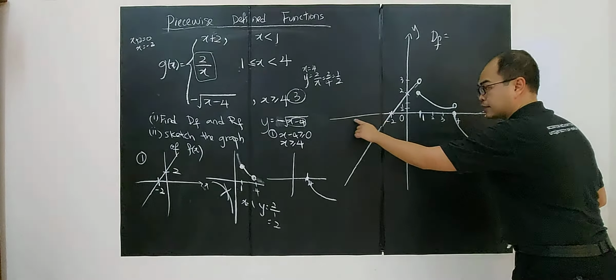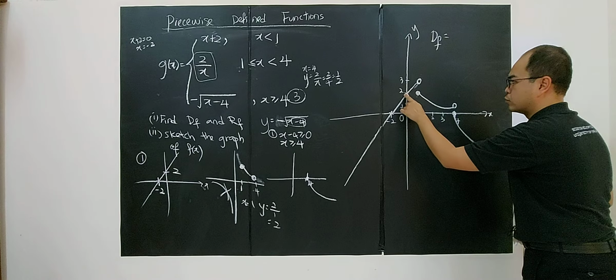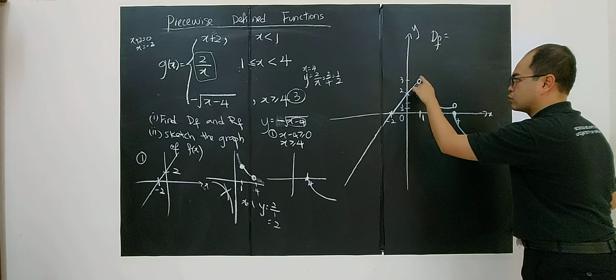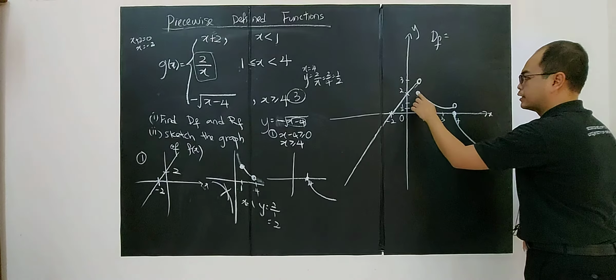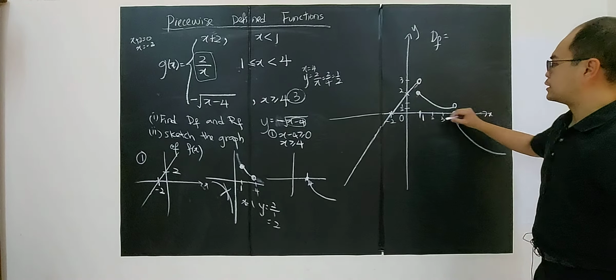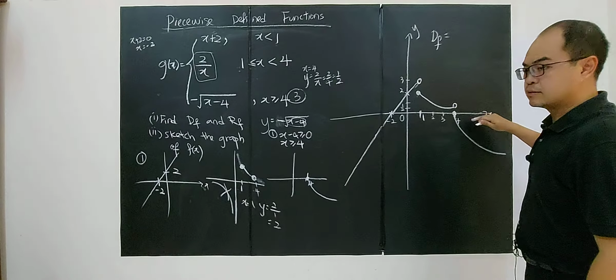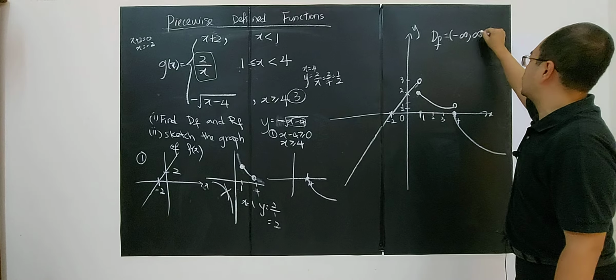Every value of x has a graph. When x equals 1, the y is 2. Even though it's not here, because there is a value defined at this point, it continues. So for every value of x, there is a value of y, there is output. So the domain is from negative infinity up to infinity.